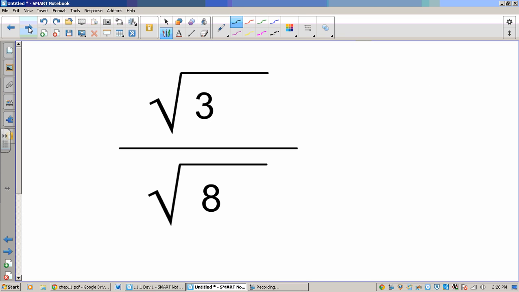Okay, moving on, go ahead and try this one out. Go ahead and press pause and I'll start up here in a few seconds. All right, so we have to multiply both the top and the bottom by the square root of 8, the numerator and the denominator.